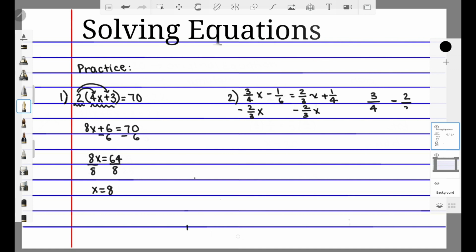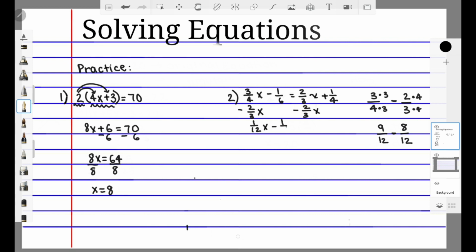All right, let's get a common denominator by multiplying by 3 on either side and by 4 on either side for this one. So we have 9 over 12 minus 8 over 12. All right, that's simple. We got a 1/12 x.